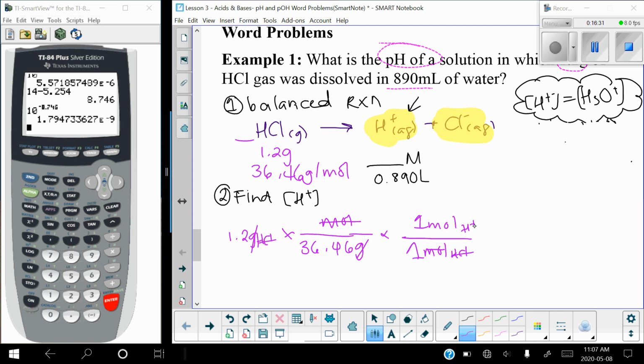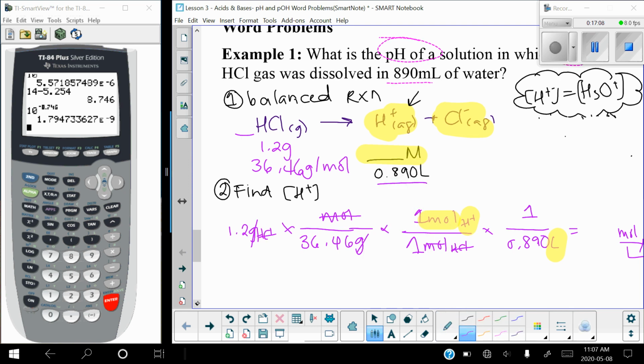But we need to get to our final destination of having units of moles per liter. So I'm now going to go ahead and divide by my volume, 0.890 liters. Okay, so I currently have moles per liter of H plus. Perfect, that is what we are looking for.